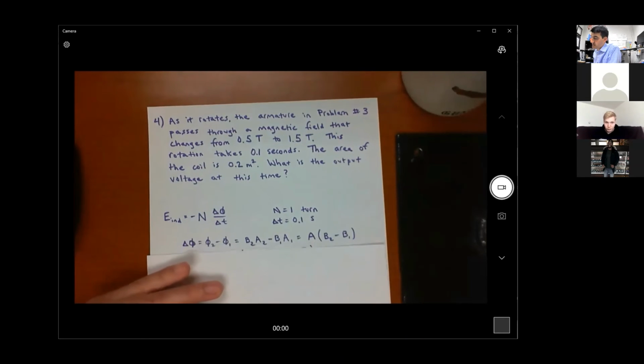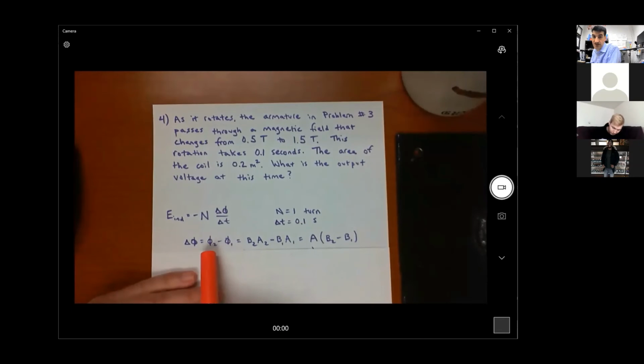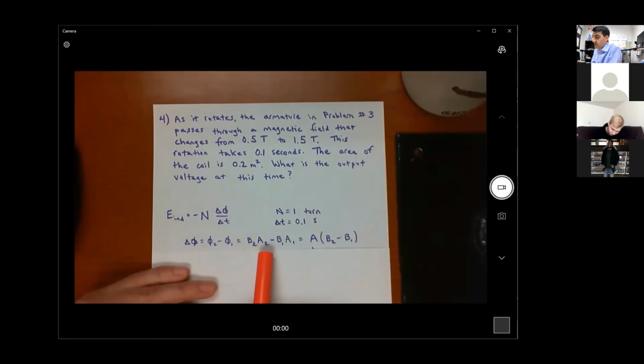We know the change in magnetic flux is phi2 minus phi1, the flux at time 2 minus the flux at time 1. And the flux is just equal to BA, the magnetic field times the area of the coil. So we're going to take B2A2, the magnetic field at time 2 times the area at time 2, minus B1A1, the magnetic field at time 1 times the area at time 1.